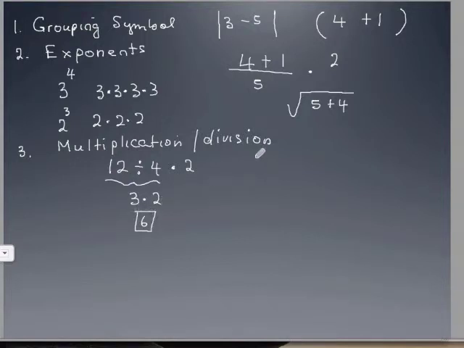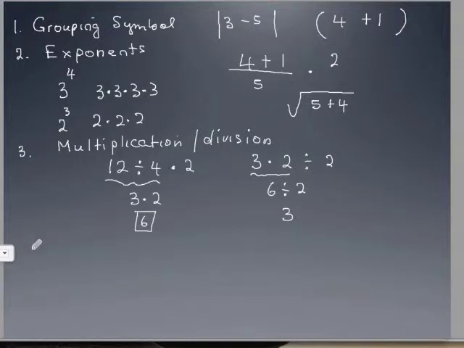If you had 3 times 2 divided by 2, you would want to do the multiplication first in this instance because the multiplication came first. 6 divided by 2, which is 3.